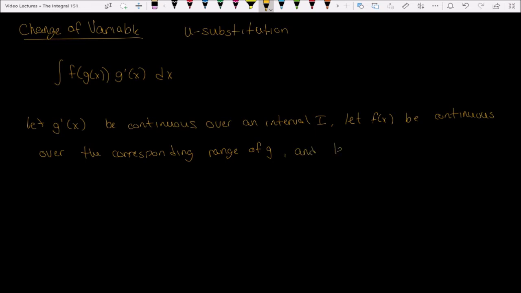And we will let big F of x be any antiderivative of little f of x.